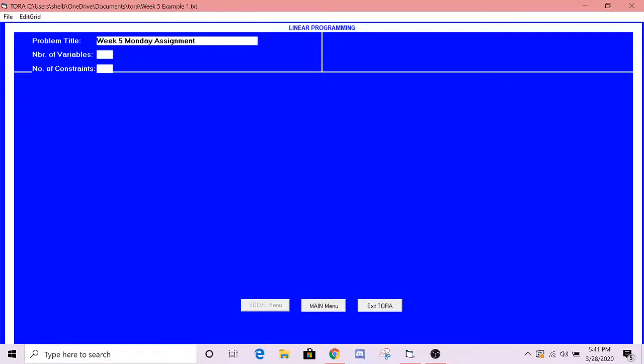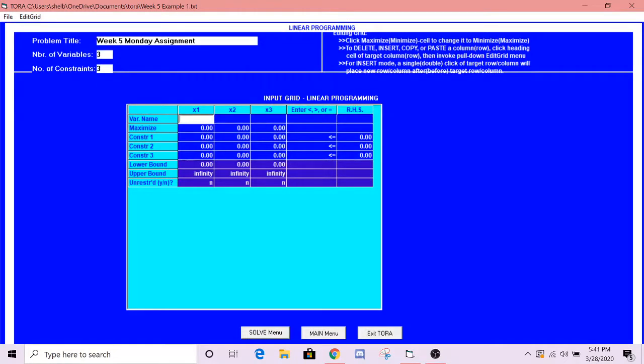And it's asking for the number of variables. Since we have x1, x2, and x3, we have 3 variables, and we have 3 constraints, not including the non-negativity constraint. So we'll name our first variable x1, second variable x2, and third variable x3.